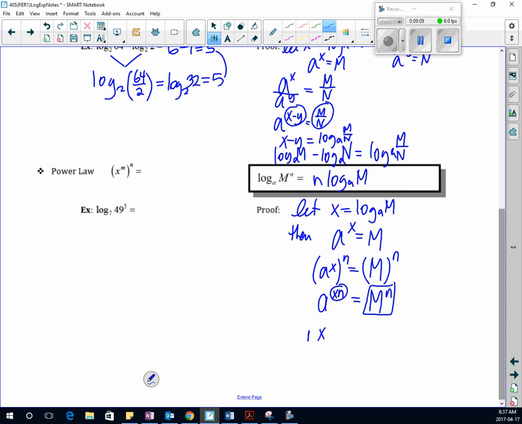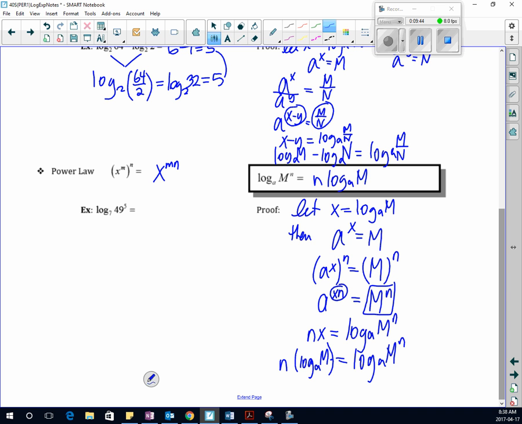I'm going to write it as nx equals the log of m to the power n base a. Does everybody agree? And so, of course, remember back there I said what x is, so that means n times log of m base a is equal to log of m to the power n base a. So it just basically shows that this n can be written in front like that. So again, I guess I didn't do the product law up here. That would be multiply the two together, yes?